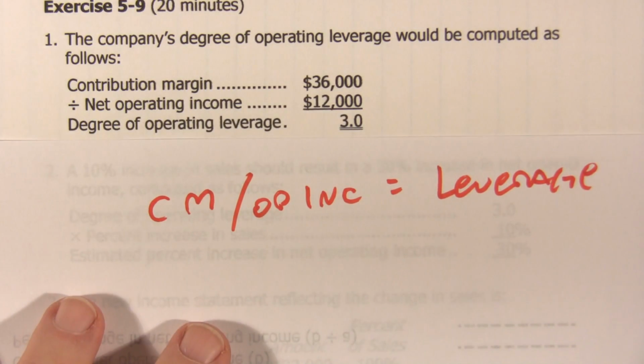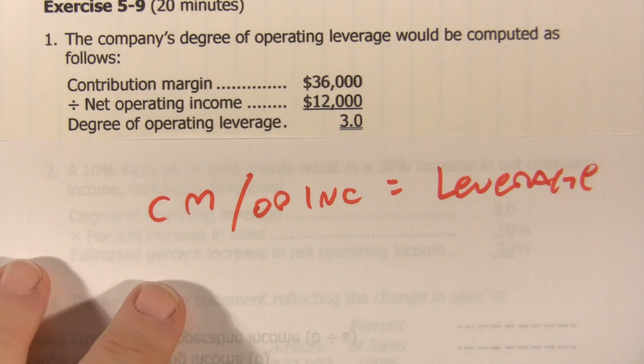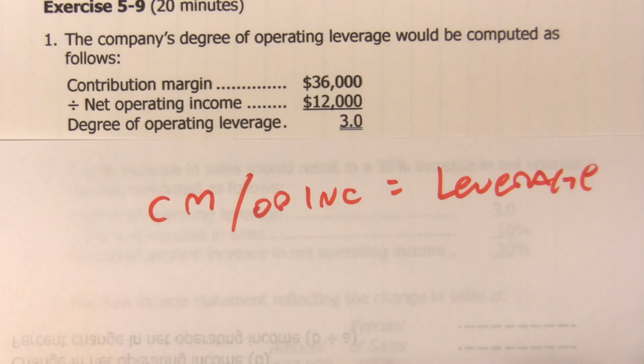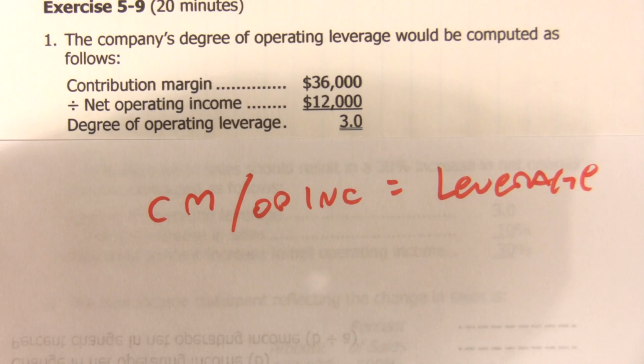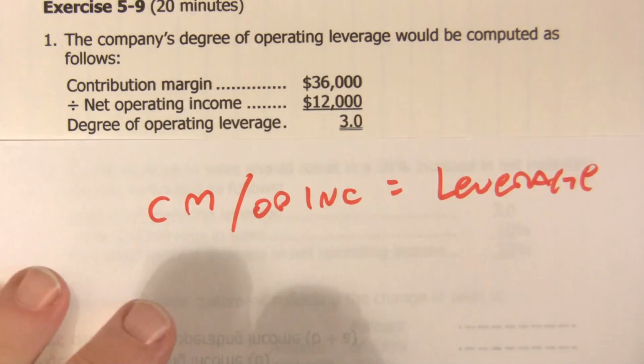And in this case, our leverage is 3. So that says our contribution margin is 3 times our operating income. Okay? That's an important number for us to know.